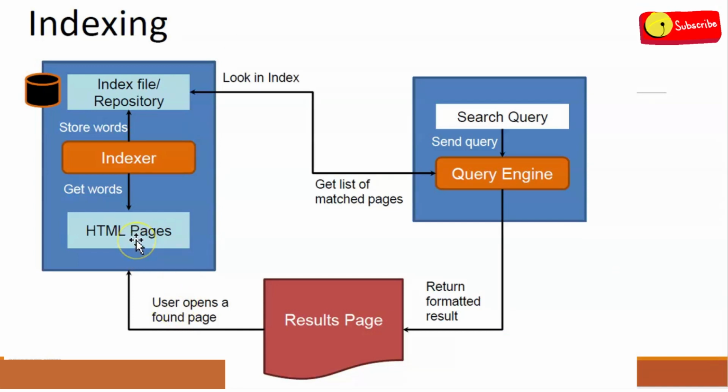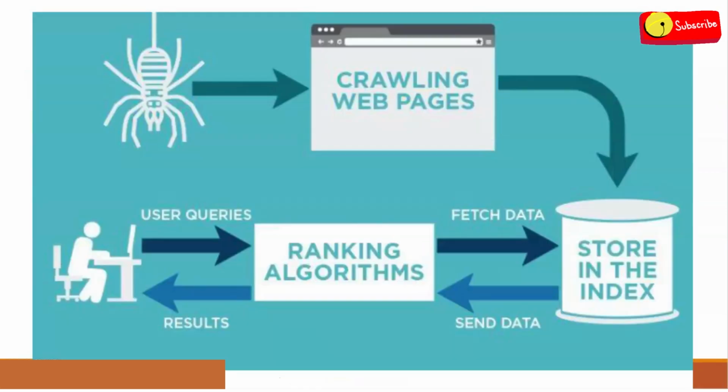Google has the HTML page and repository page, and Google stores words. Google also gets words from your HTML page. Whatever query you are searching, Google looks it up in your index, and if you have any page related to that search query, then Google displays that result page. This is how indexing works.